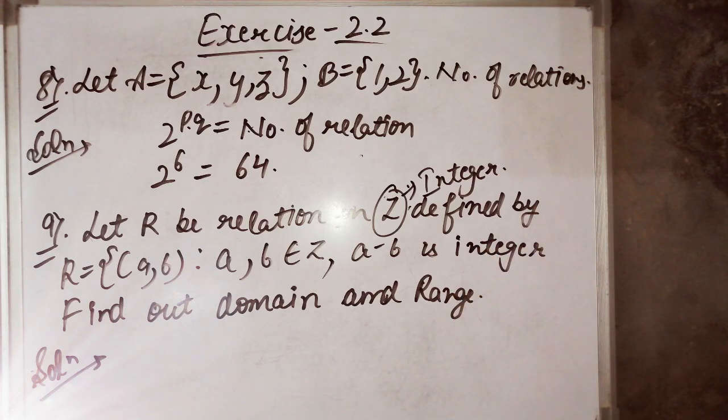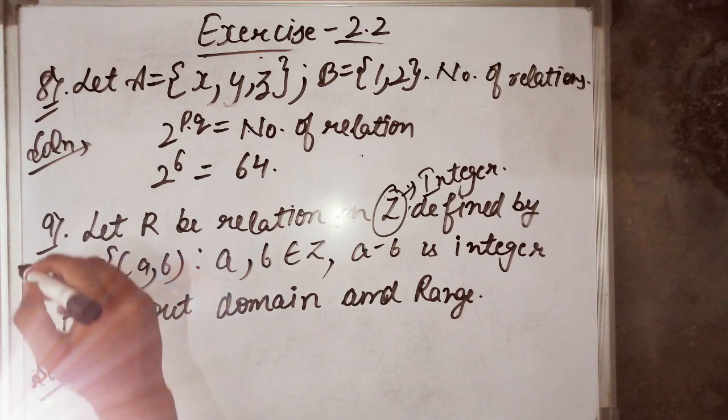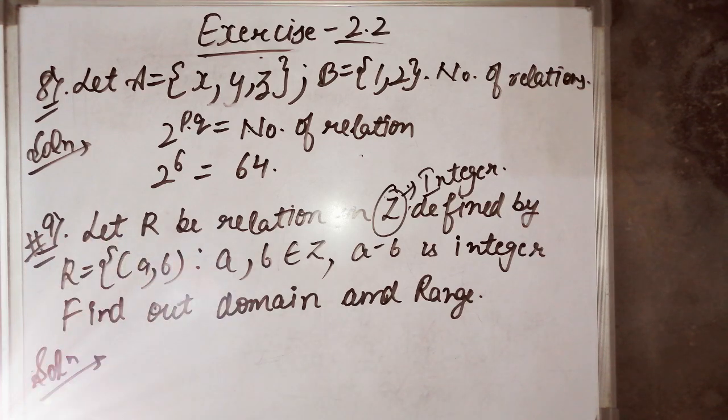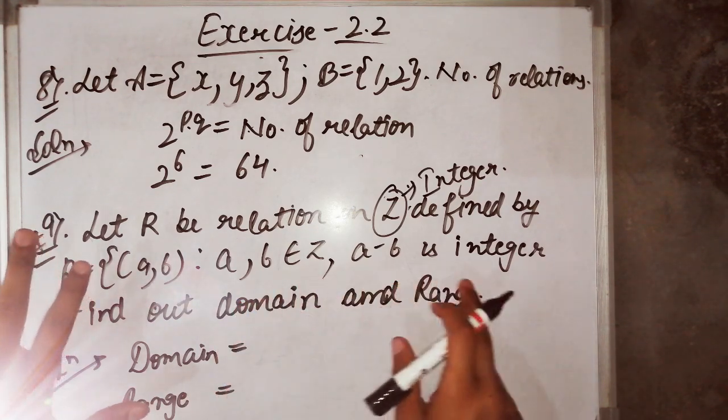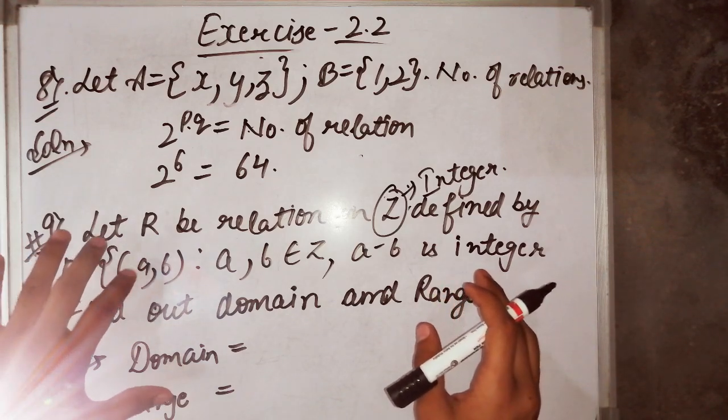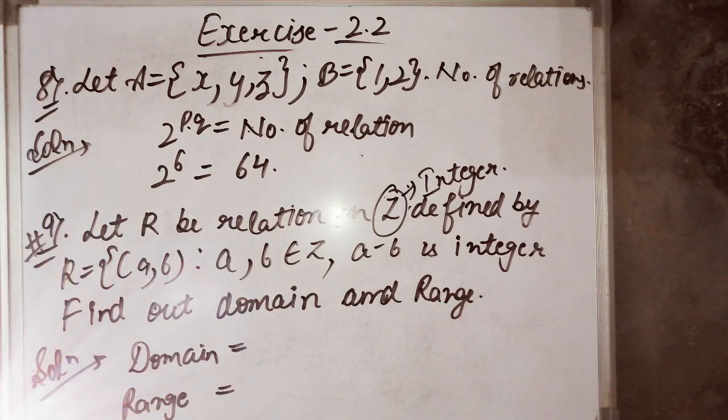You need to find the domain and range. This question is just given to confuse us, and it is also an important question from the exam point of view. The relation which is given to us is that a minus b is an integer and a, b belong to Z. Students, what if you subtract an integer from an integer?